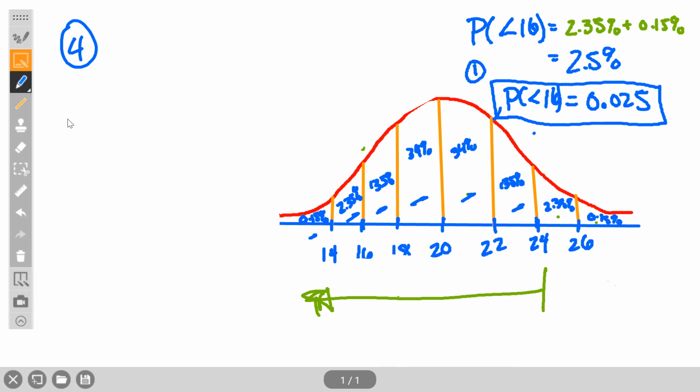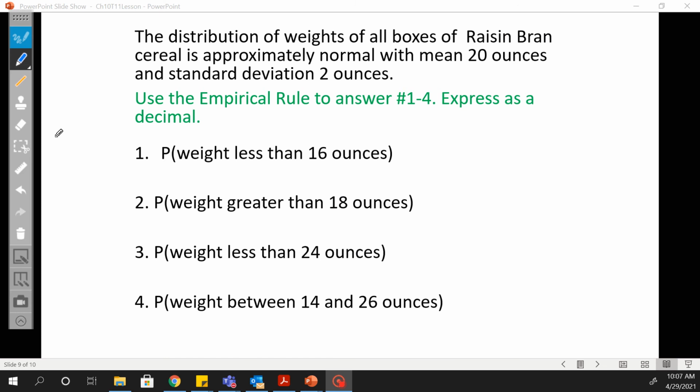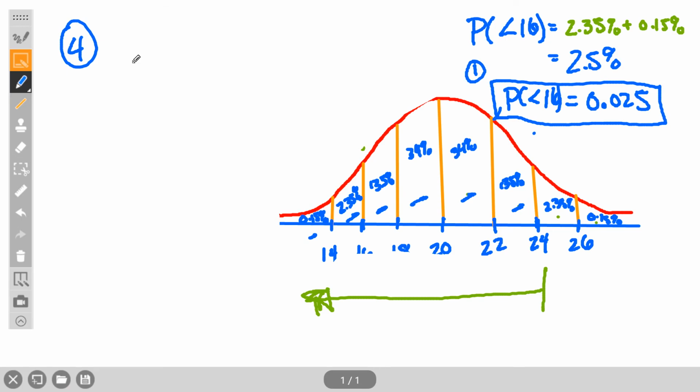And then number 4, between 14 and 26. I guess I should have been using a variable here. So the probability that the weight is between 14 and 26.